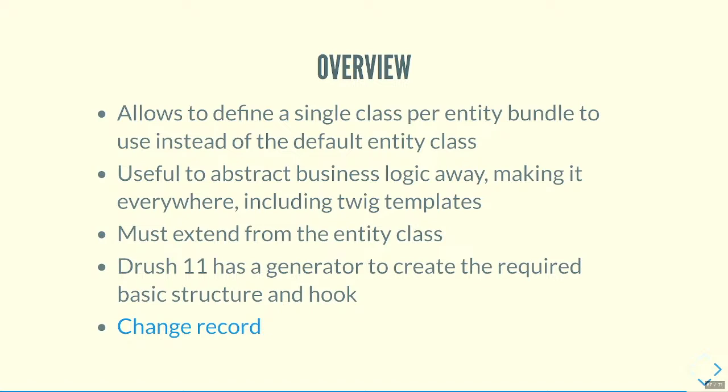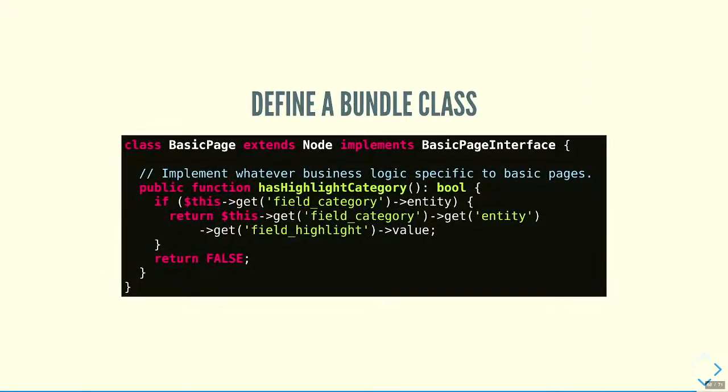That's important for articles. And when you load a node of type article, it's an article object, and you can call your method on it. In Drush 11 and newer, you have a generator, so you can generate such classes and the hook you need automatically. The link is in the slides, and I also have a quick example.